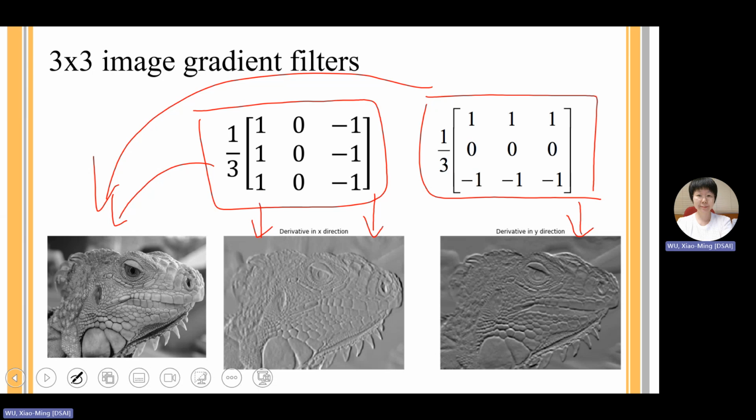What can you observe on the result of X derivative and the result of Y derivative? Can you tell the differences?